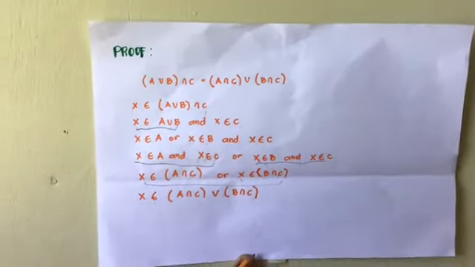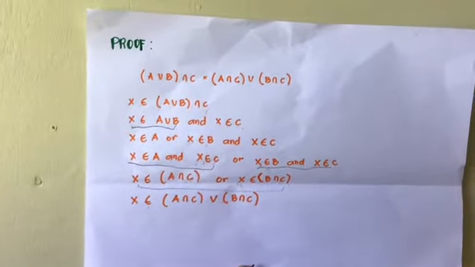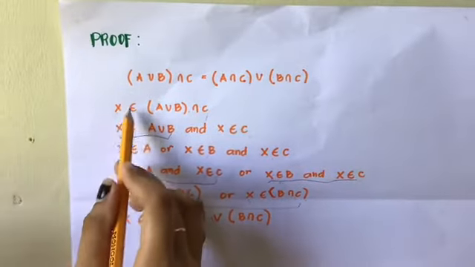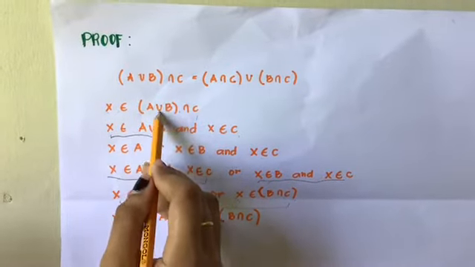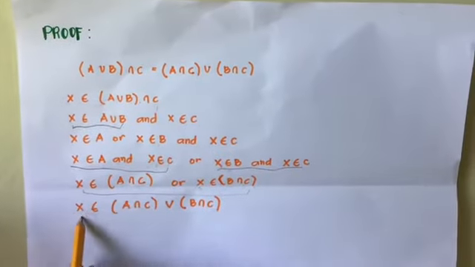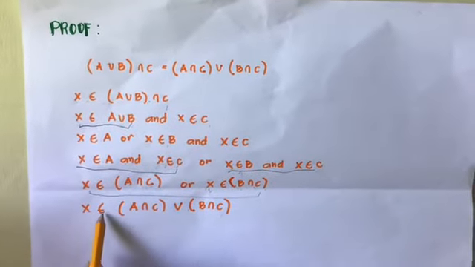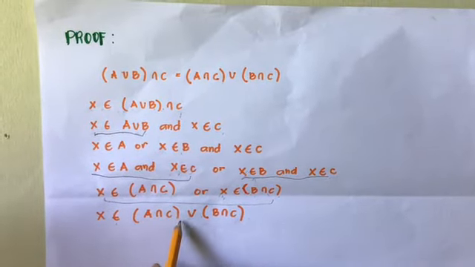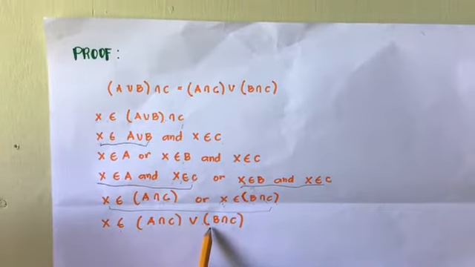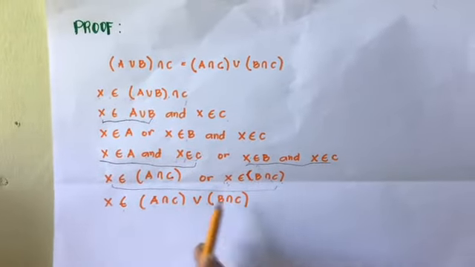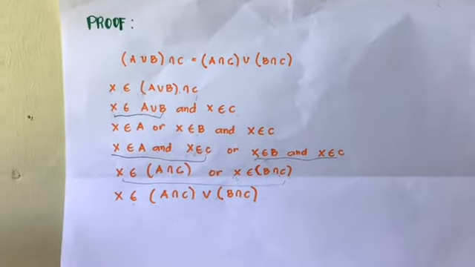Whatever may be the case, x will definitely be in the union of A intersection C and B intersection C. Since x is an element of open parenthesis A union B close parenthesis intersection C, it is an element of open parenthesis A intersection C close parenthesis union open parenthesis B intersection C close parenthesis. So this is the written proof of the first distributive law.